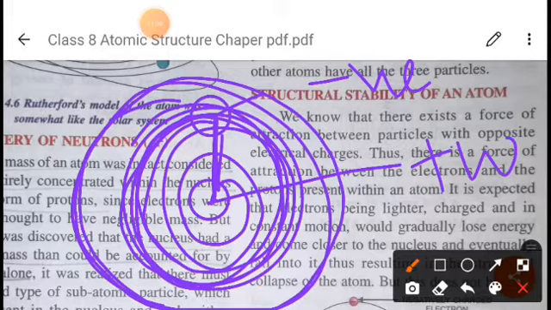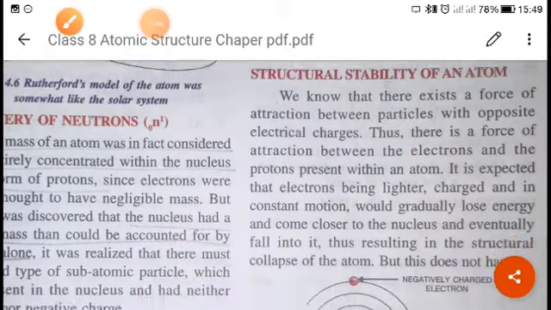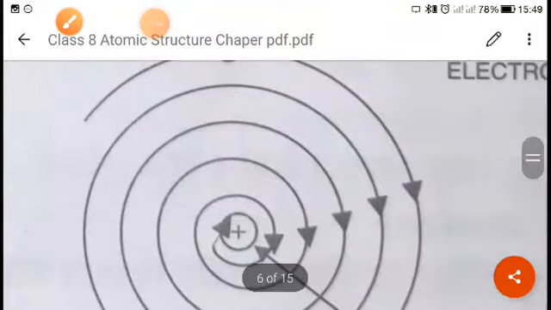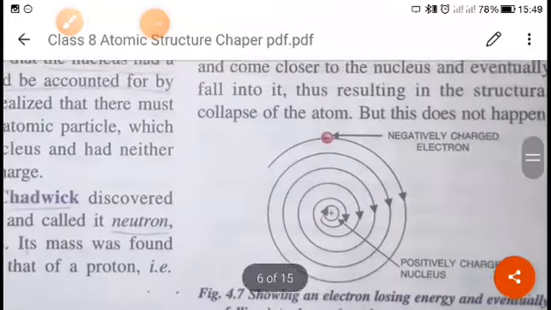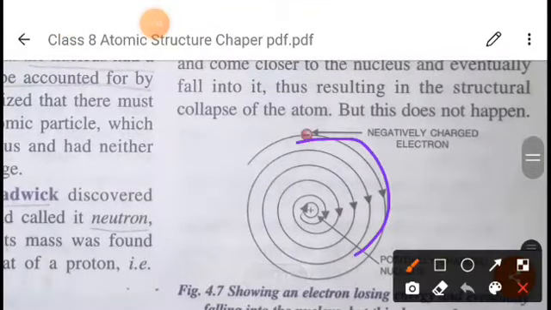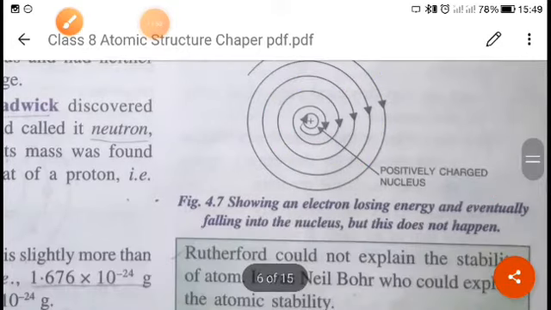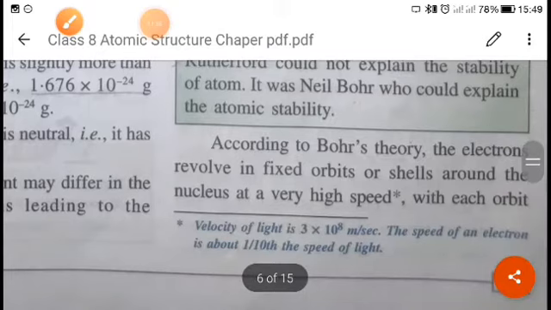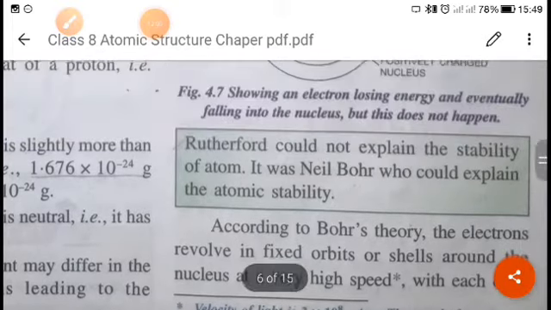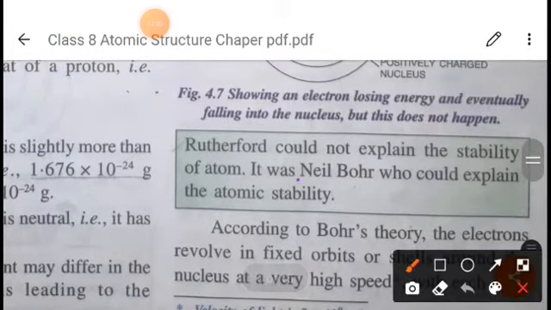It was another scientist, named Neil Bohr. As you can see, his picture is given here. Electrons are revolving here, and one time will come when it will collide, but it is not happening like this. So Neil Bohr explained the stability of the atom.